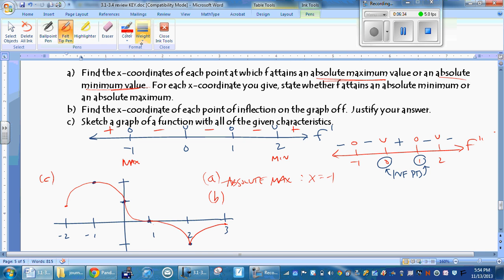And the absolute minimum is going to be at x equals 2. Now, it just so happened our local min and local max ended up being the absolutes. That's not always the case, but here it did end up that way. So just because we found them on here, these are technically local. We're finding a local max and a local min that end up being our absolute max and min from what we see in our graph.